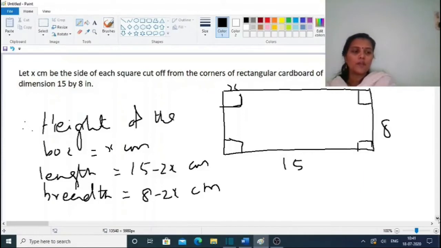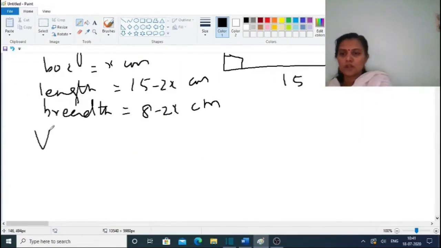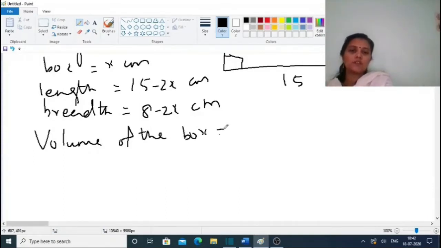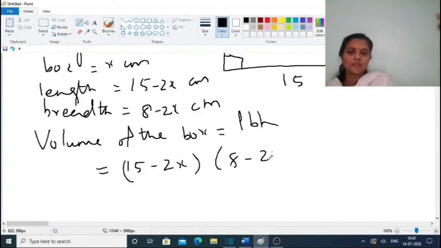Therefore the volume of the box is equal to, since it is a rectangular body, LBH, which is equal to 15 minus 2x into 8 minus 2x into x.